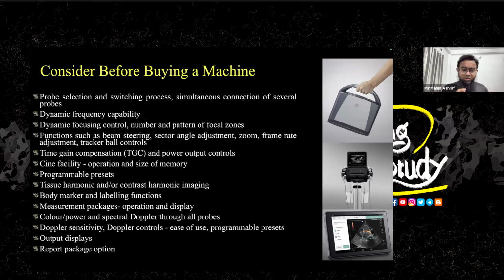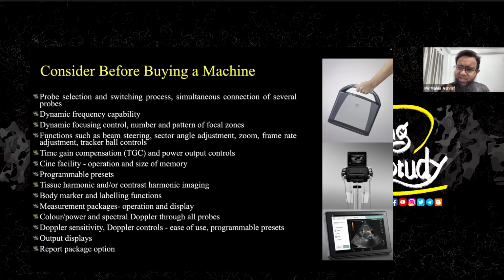If you're a Doppler practitioner, obviously the seller will show you their own carotid vessels and they'll show you, oh, there is a very good color there. All the machines nowadays can show you a good carotid artery, but this is not what you are using. So if you're a person who's doing color Doppler, you see when we are trying to visualize the renal arteries, it feels very difficult.